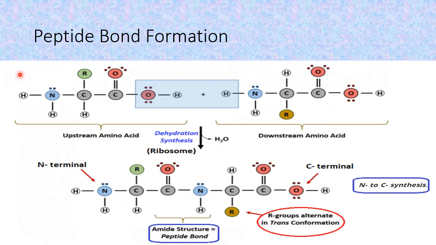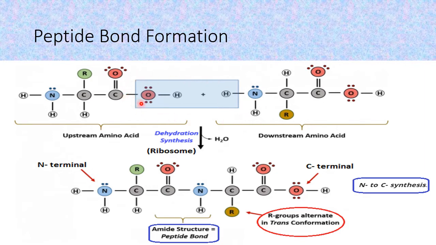Now, at the time of translation on the ribosome, we have seen that the amino acid present on the P site of the ribosome forms a peptide bond with the incoming amino acid present on the transfer RNA at the A site. This we have already talked about in our previous video on translation.